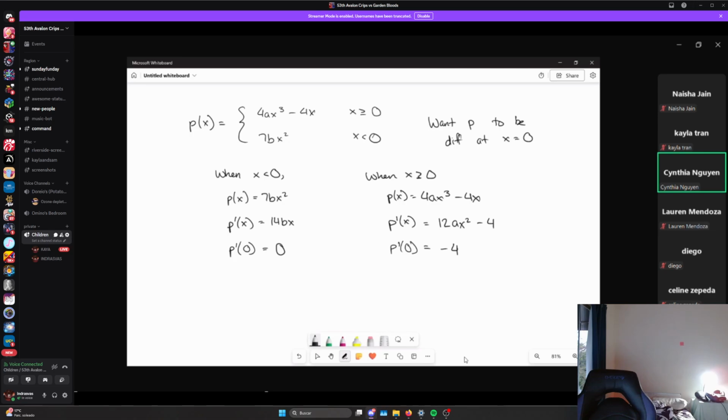Because you can see clearly that 0 does not equal -4, there are no values of a and b for p to be differentiable at x equals 0. So that is one example.